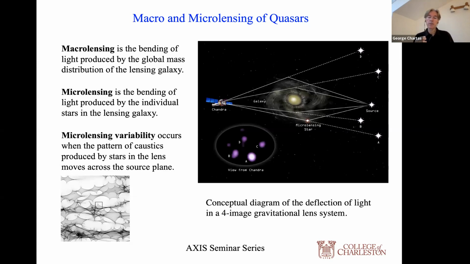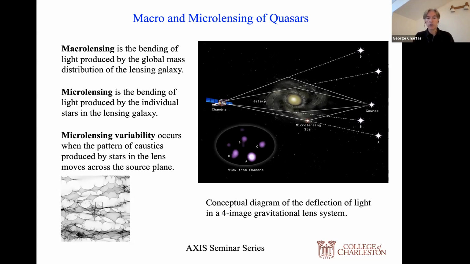Now, the important thing about microlensing is that the stars produce a set of magnification caustics that essentially move across the accretion disk and magnify slices of the accretion disk as these caustics go across. So you can imagine this caustic slowly going across the accretion disk and getting closer and closer to the event horizon, and will be magnifying the emission that's coming closer and closer in to the event horizon.